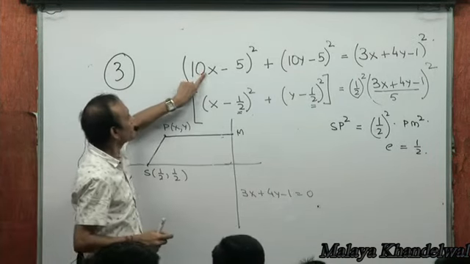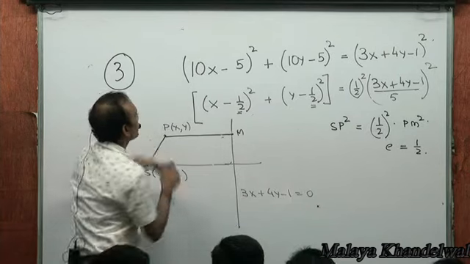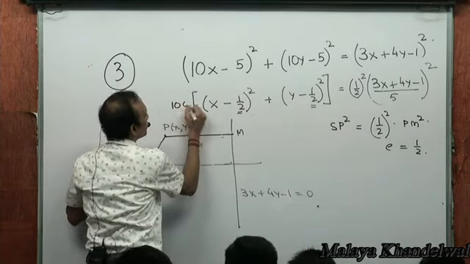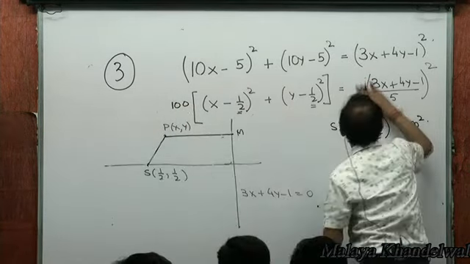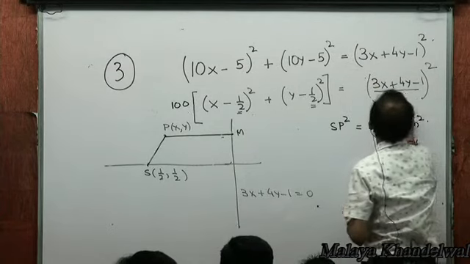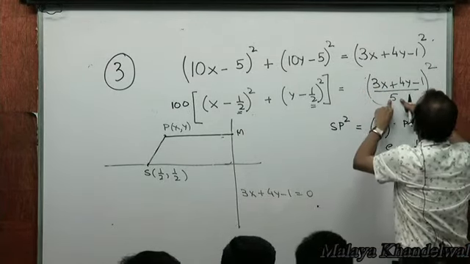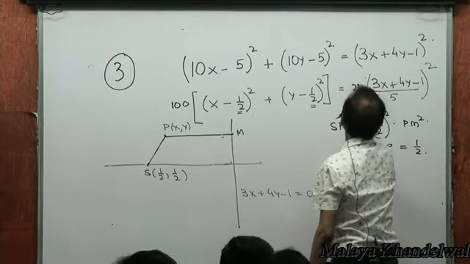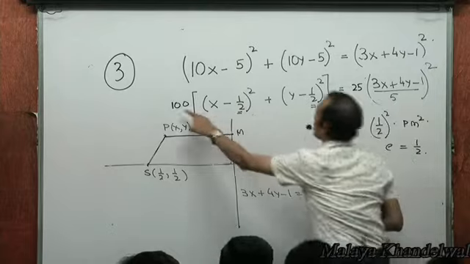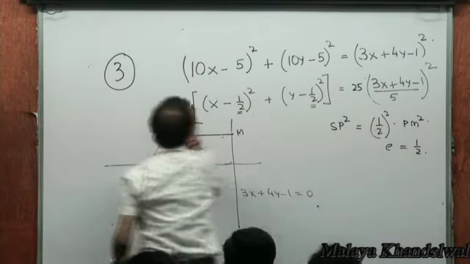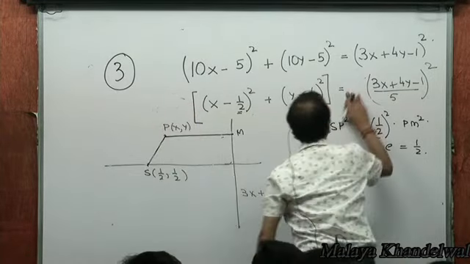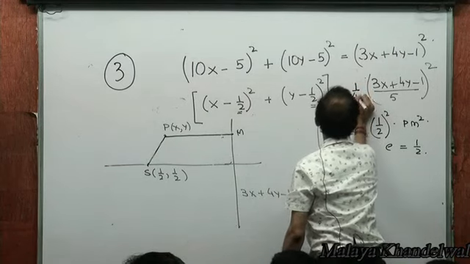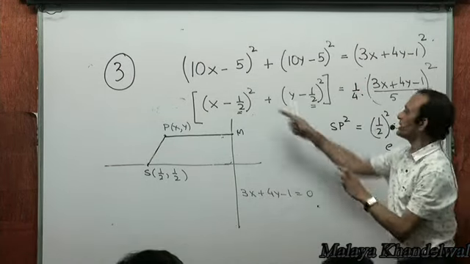This, I took 10 common, so there was 100 here. Right? And this I divided by 5, which means actually 25, and I placed a 25 here. And then this came here, so that was 1/4. Now all that I am doing is interpreting this result.